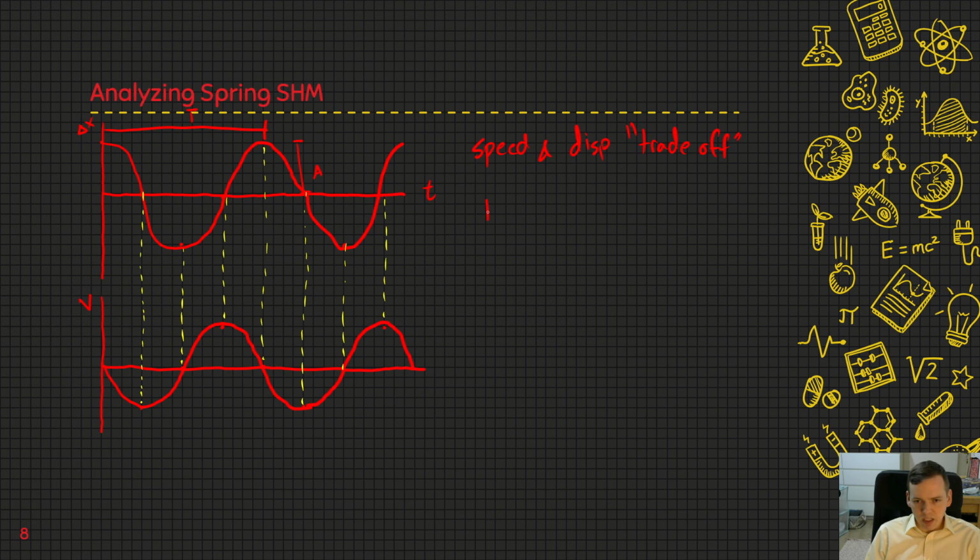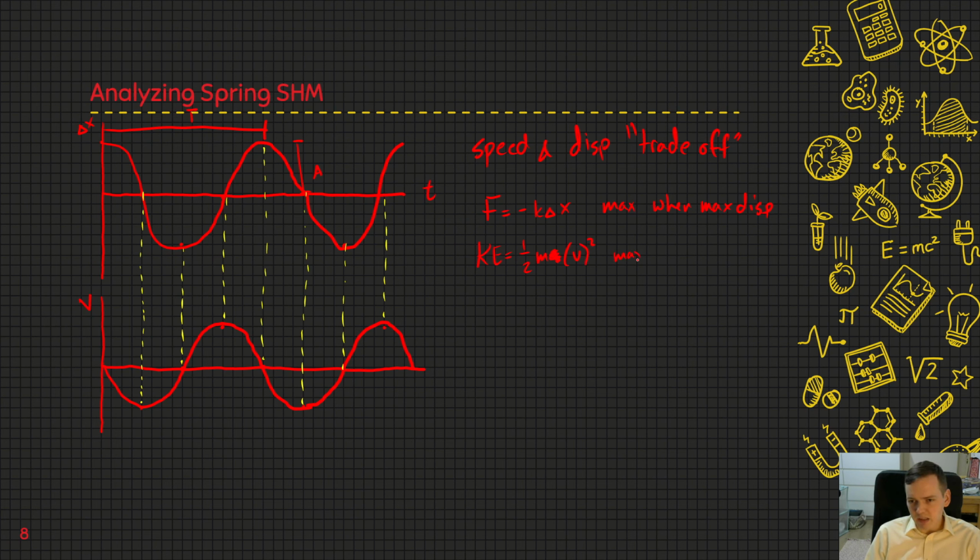And then just some things to remember. F is equal to negative k delta x. So this is max when max displacement. The kinetic energy is equal to 1/2 m delta v squared, which if we want to just pretend that 0 kinetic energy is when the thing's at rest.